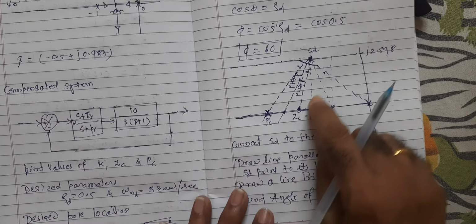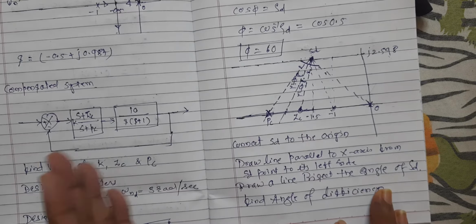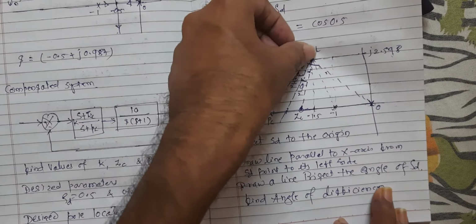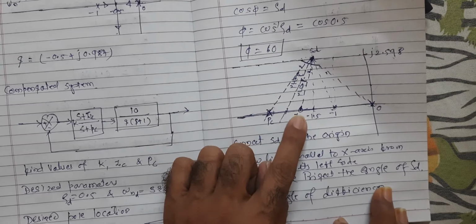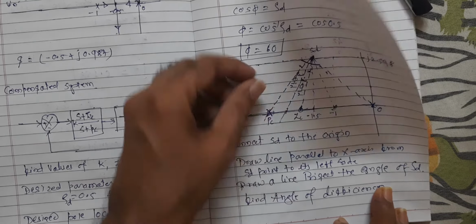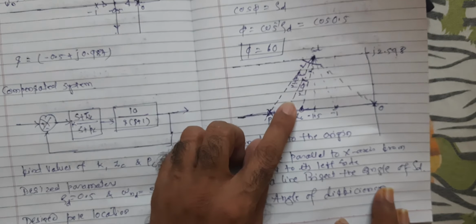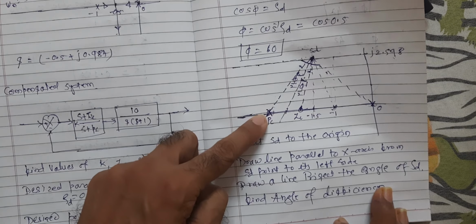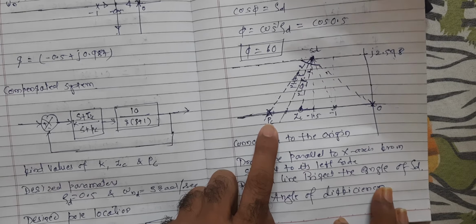So with respect to the bisector line, we draw a 22 degree line to the right and to the left. This line is at 22 degrees from this line, and you extend it up to the x-axis. This becomes your PC.